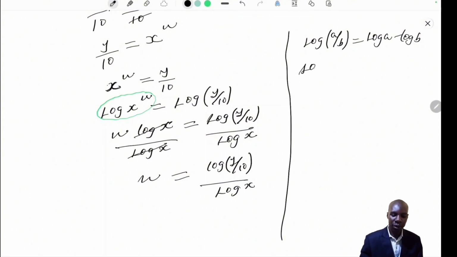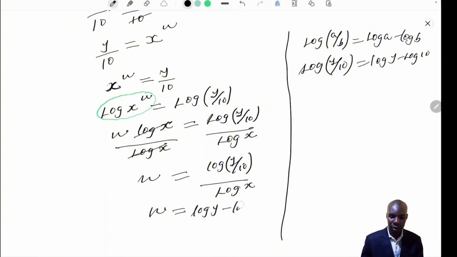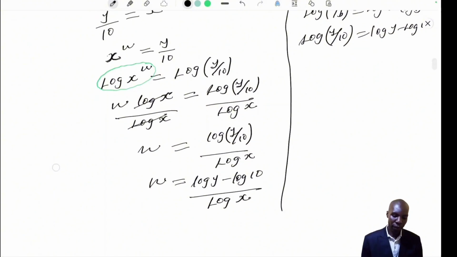So log of y over 10 can be written as log of y minus log of 10. So my n can also be written as log of y minus log of 10 over log of x. And that is the answer. And that is how it's supposed to be done.